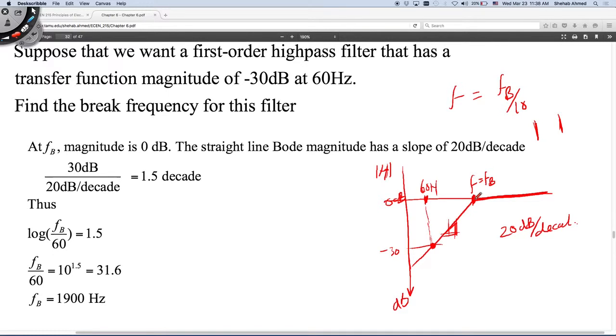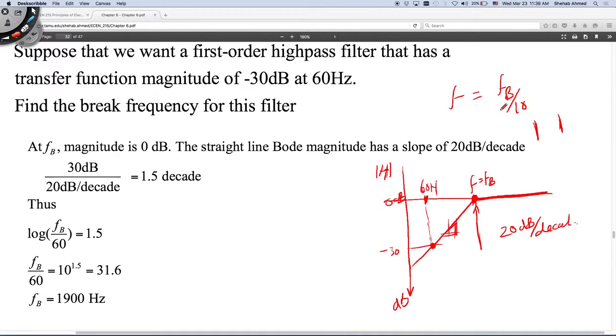If at fb I have 0, what do I expect to see at f equals fb over 10? fb over 10 is 1 decade less than f equals fb.